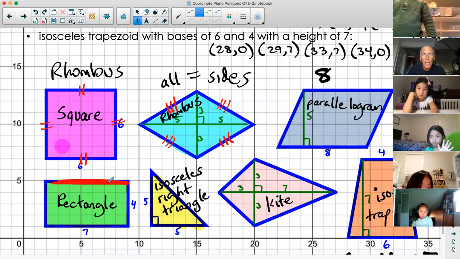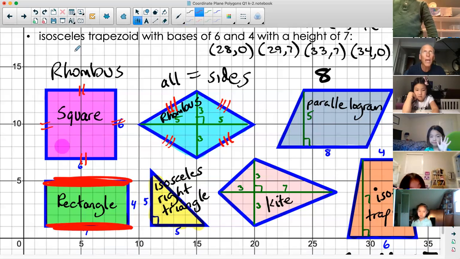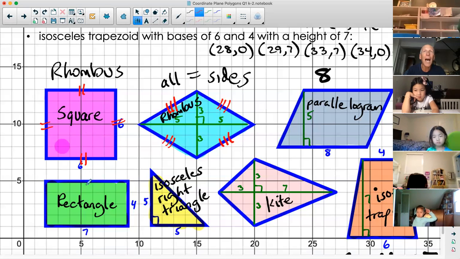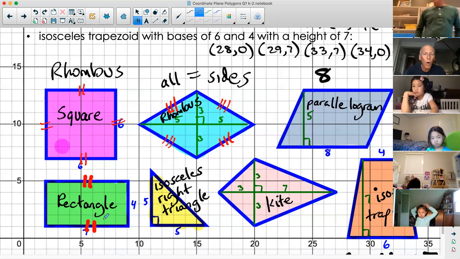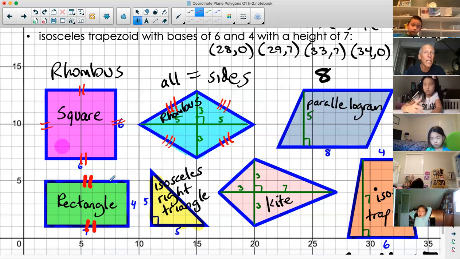Guys, do you see this side and this side, the 2? Go ahead, Valerie. The top and the bottom. Yeah, the 2 horizontal sides are equal.